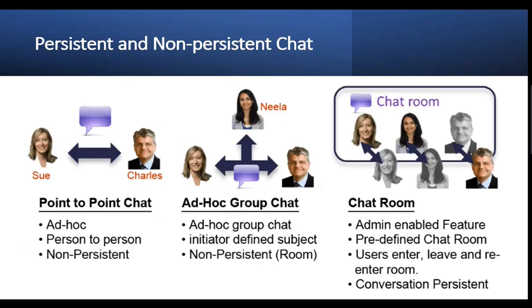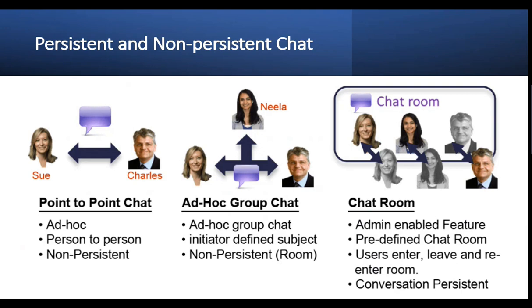Now, what is persistent and non-persistent chat? There are different types of chats. There can be point-to-point chat, group chats. We can create chat groups or chat rooms also. In those chats, some are persistent, some are non-persistent. Persistent are the ones that remain active or available even if the call is not going on.